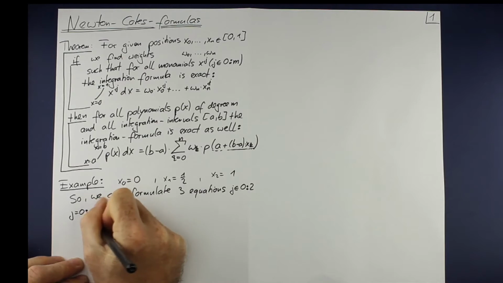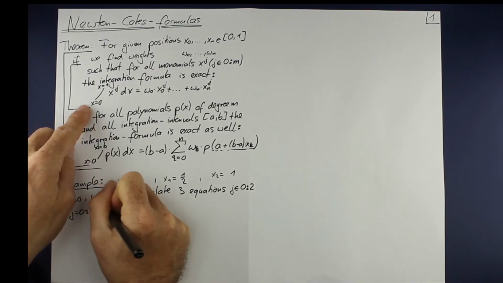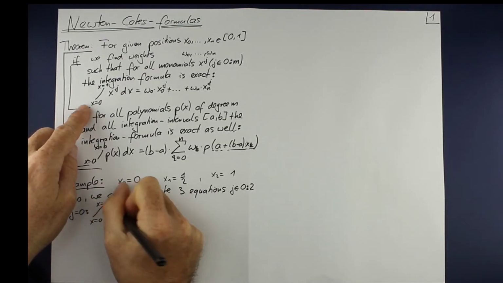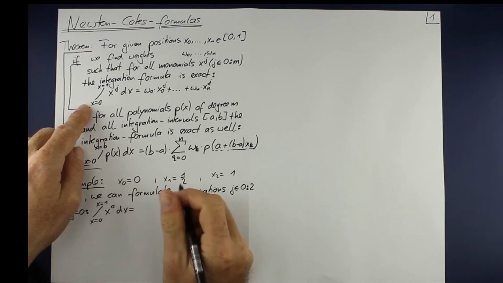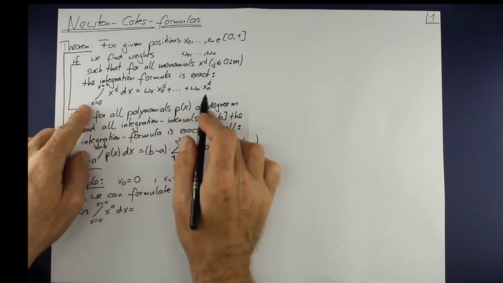Here we have x is 0, 2x is 1, x to the 0th power dx is the same as this sum.